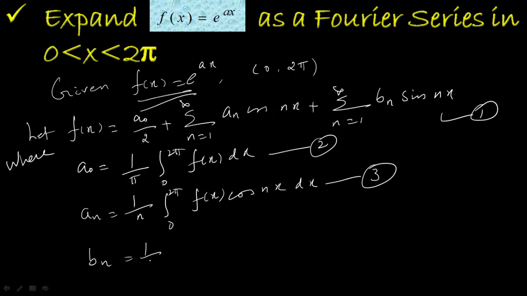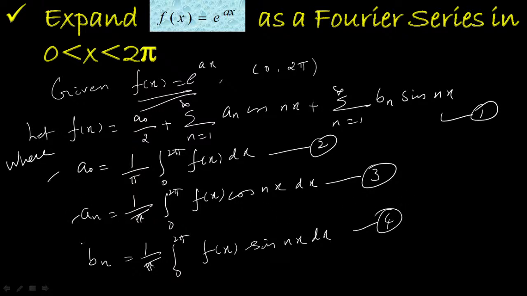And b n is equal to 1 by pi integral 0 to 2 pi f of x sin n x dx. You take this as equation number 4. So by making use of these formulas, we calculate the Fourier coefficients a naught, a n and b n, and substitute in equation 1, the problem will be over.